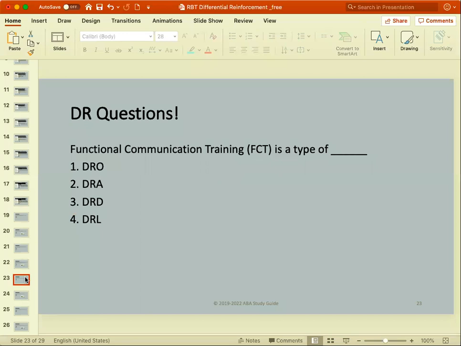FCT is a type of DRO, DRA, DRD, or DRL. And for a bonus, give me an example of FCT that you've used. What's the topography and what's the function?